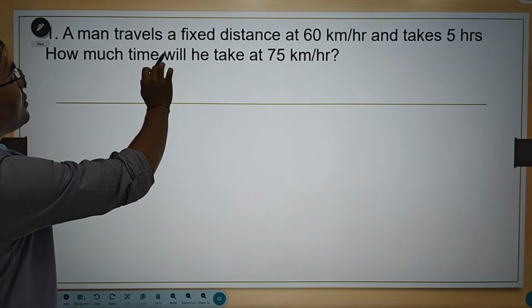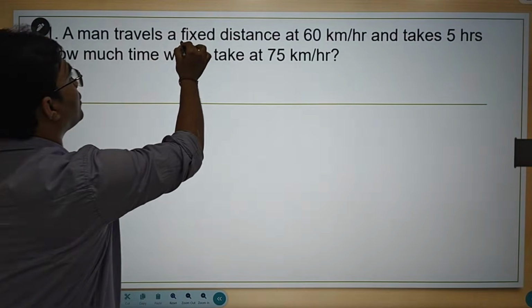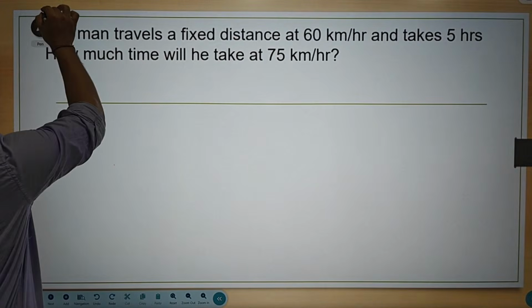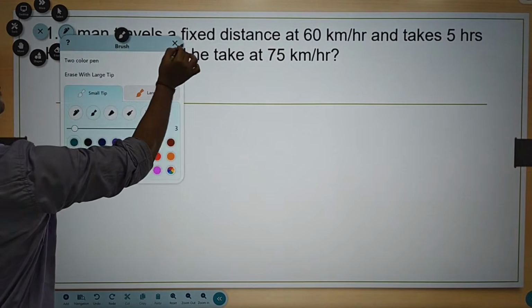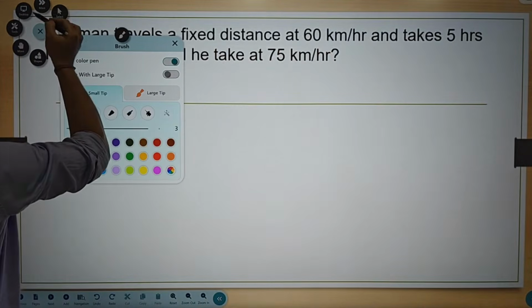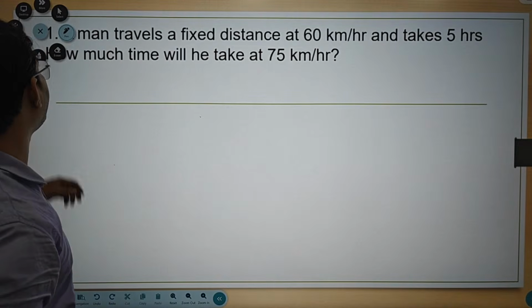A man travels a fixed distance. Whenever you say the distance is fixed, at 60 kilometer per hour, and takes 5 hours.